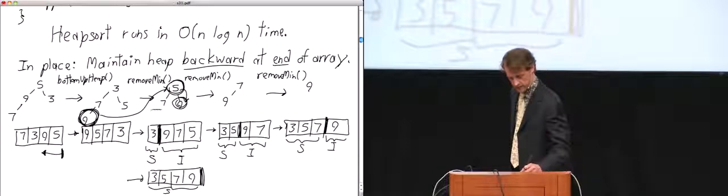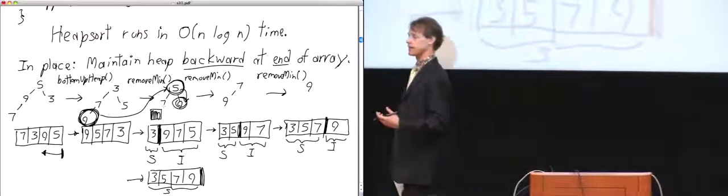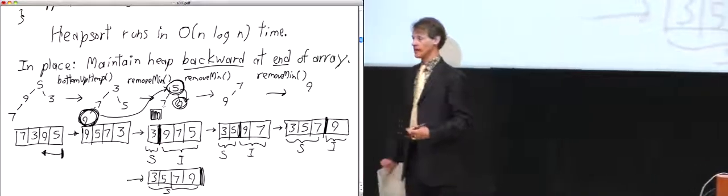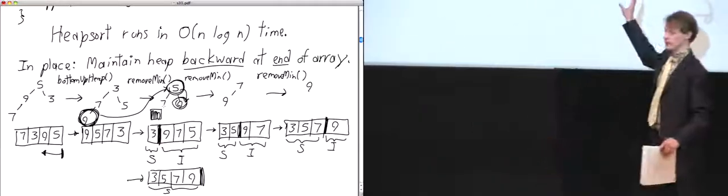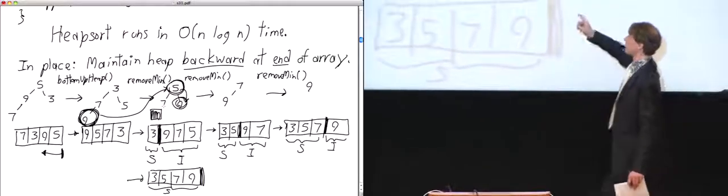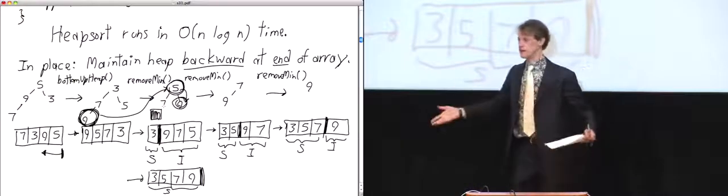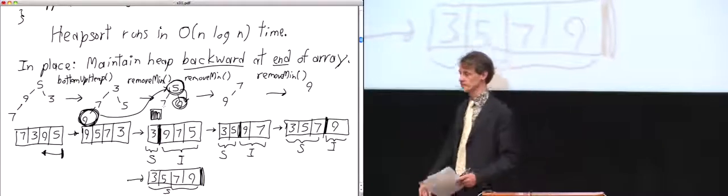And that means that you will always be left with an empty space at what was the last item in the level numbering. And since we're storing the heap in reverse level numbering, that's always going to free up a space where we can store the next sorted item.